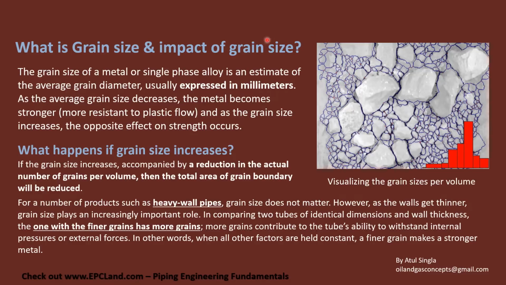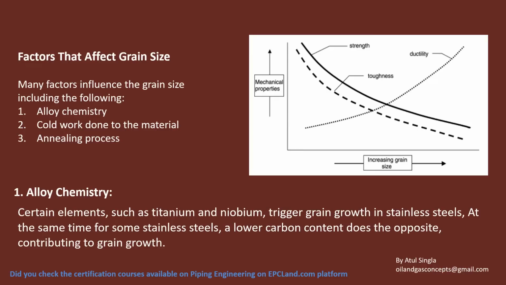So this is something we need to understand: what grain sizes are, and how grain boundaries and grain volume impact the mechanical properties of the metal. Let us look at the various factors that affect grain size, which will indirectly impact the mechanical properties of any material.